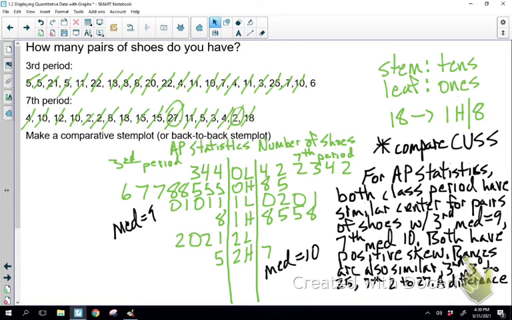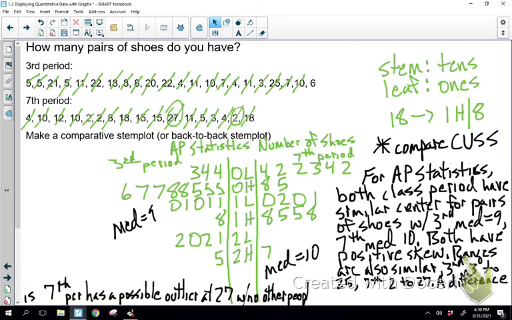I'm going to write one long line at the bottom. Seventh period has a possible outlier at 27 with no other people in the 20s.